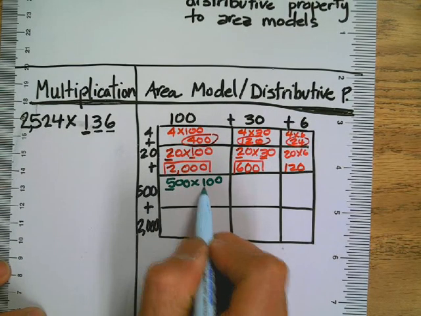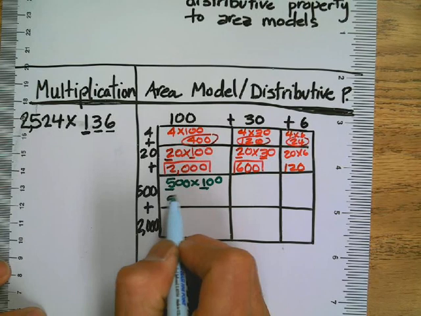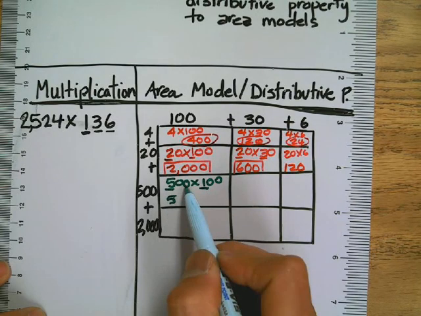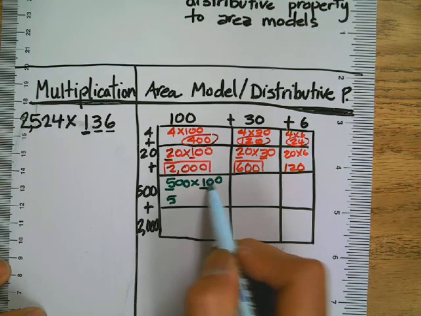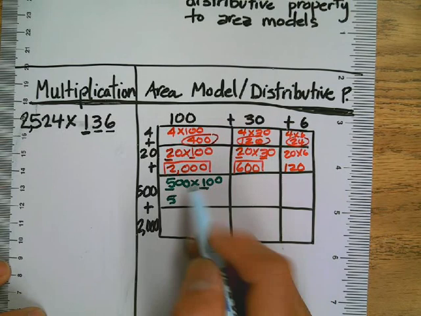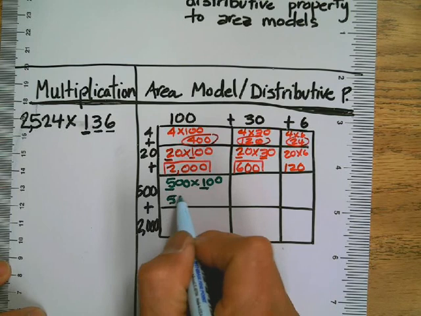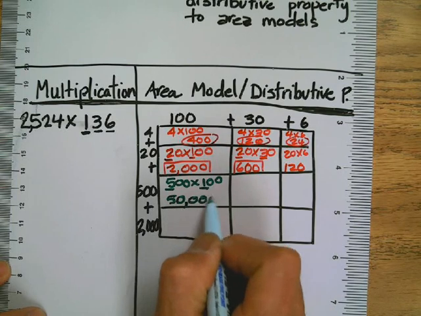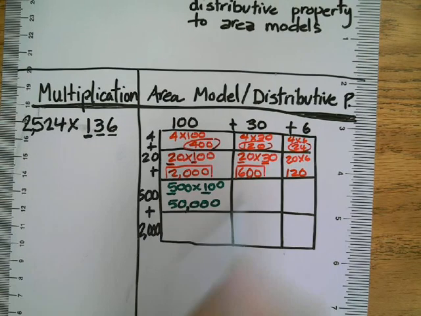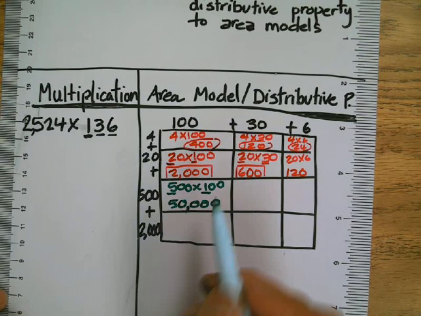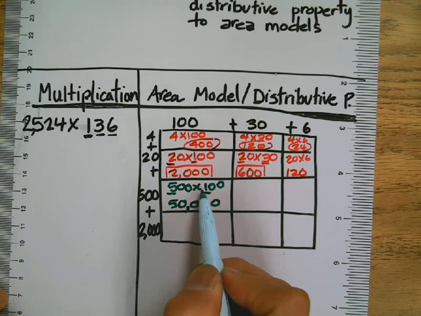So 100 times 100 equals 10,000. So 10,000 times 5 equals 50,000, my friends. And how do I know that? Well, count the zeros. That's 4 zeros, that's 4 zeros. So that's correct. That's our answer here.